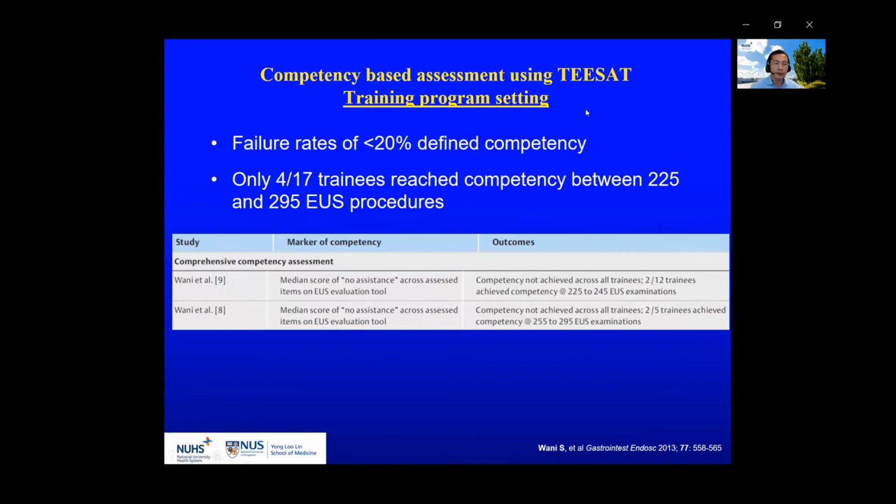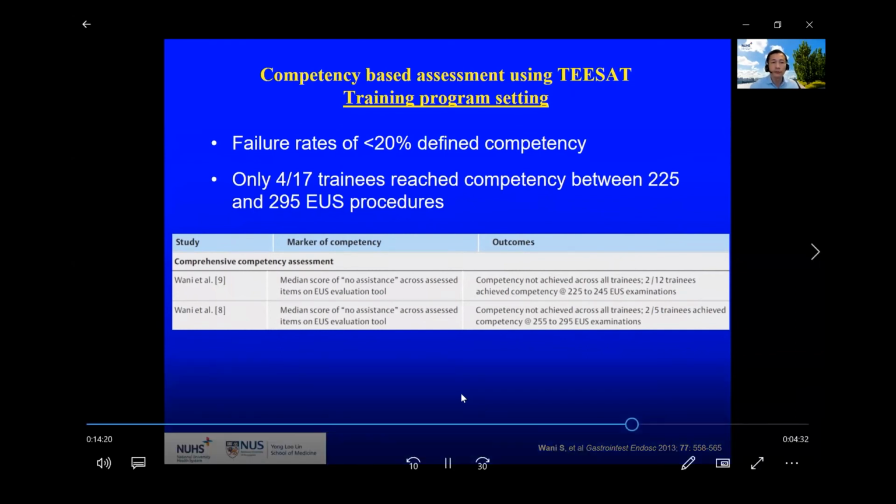By using this definition, they found that if you look at the number of procedures between 200 to 300 procedures, only 4 out of the 17 trainees achieved this so-called threshold. So only 4 were considered competent if you just look at numbers alone.